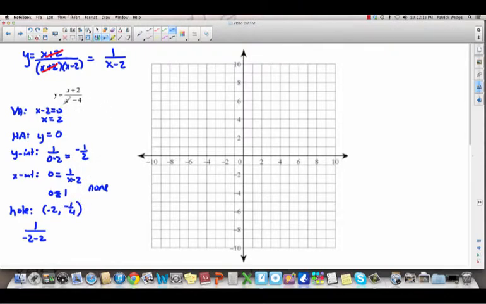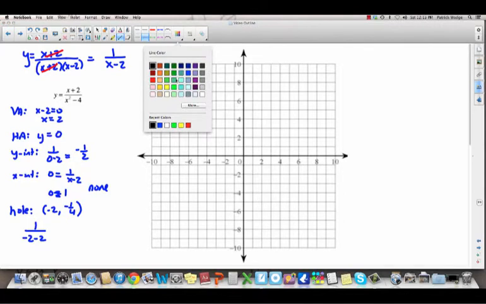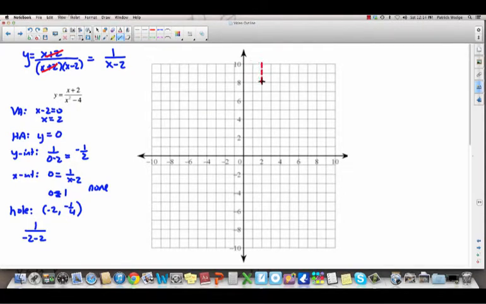So we have a vertical asymptote at x equals 2. Maybe I'll make a different color. x equals 2. That shouldn't have an arrow on the end of it. Just ignore the arrow on the end. We have a horizontal one, the x-axis, y equals 0. So that's also an asymptote.